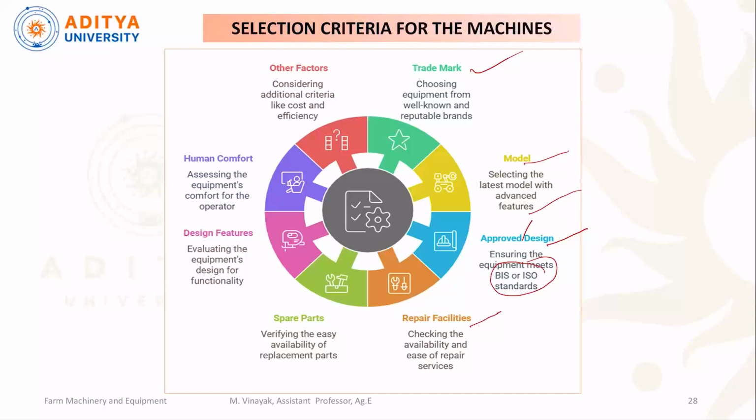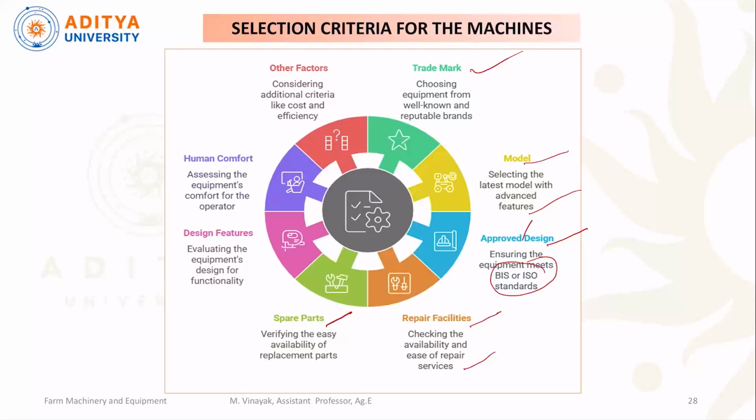Next one is the repair facility. Check the availability and ease of repair services. Suppose any foreign farm machine product is purchased by an Indian farmer, the repairing centers' availability is very low. Whatever repairing centers are available in the particular village, the farmer needs to go to them for that implement only, that machine only. So we cannot go for other countries' implements.